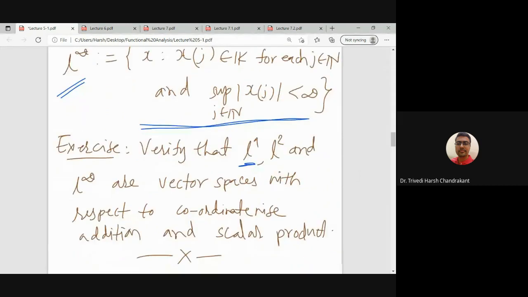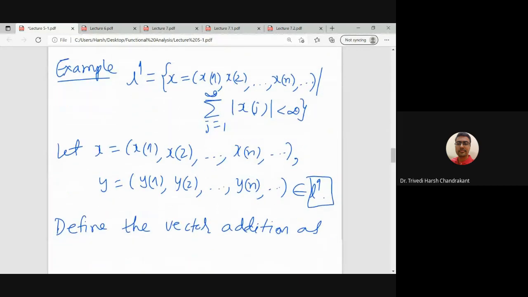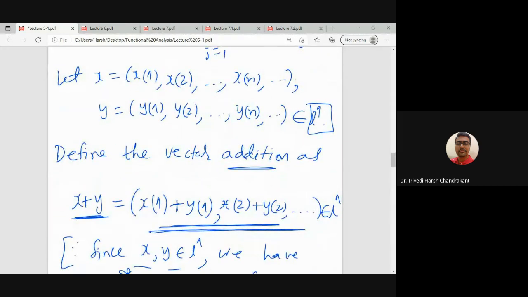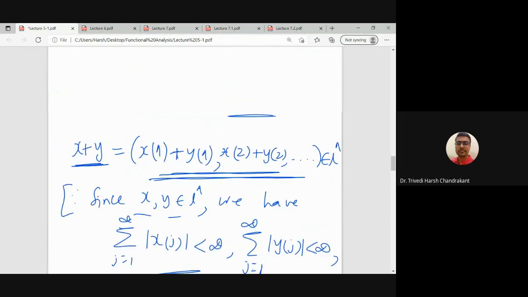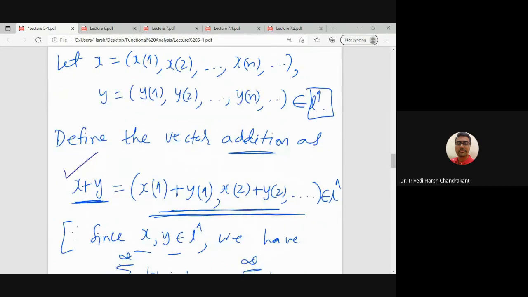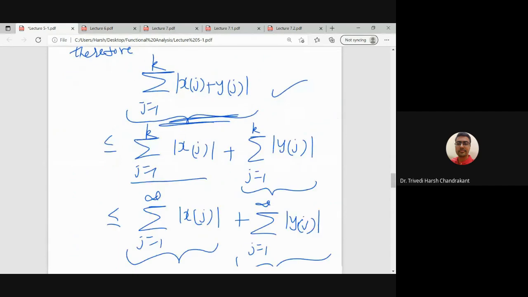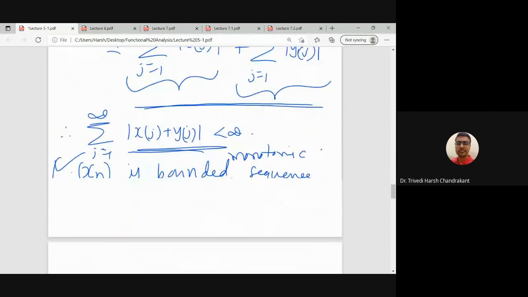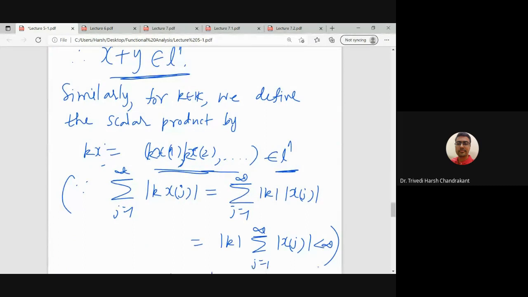We have checked that L1, L2, and L infinity are vector spaces where addition is entry wise, or component wise we can say. And similarly we can define the scalar multiplication, that is k times x.